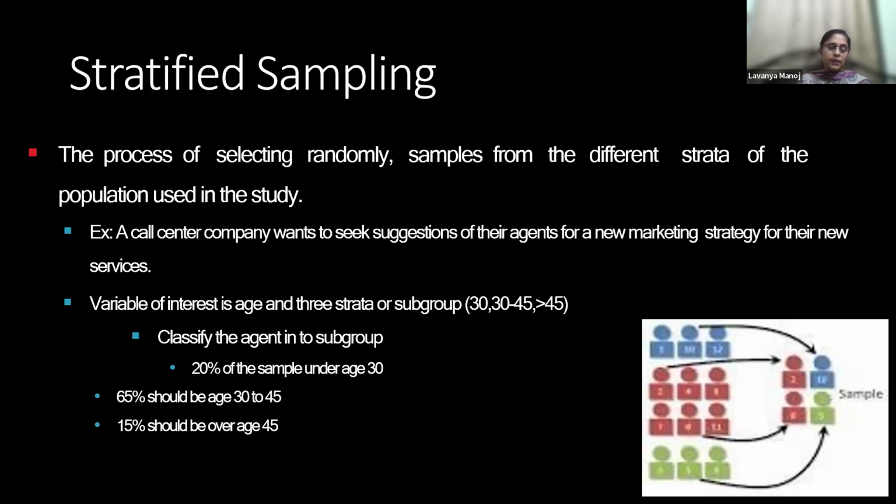For example, take electronic items. The age group between 16 to 35 or 40 buys more electronic items. Children don't buy because they are completely dependent on their parents, and they will be in their schooling. So they don't buy many electronic items.